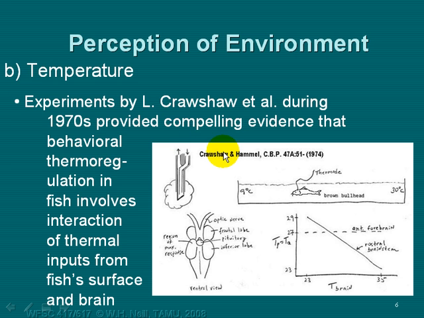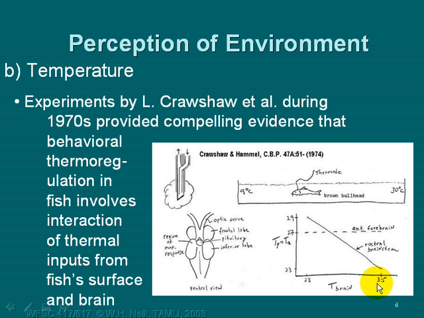And he got some very interesting results. If he put it in the anterior forebrain, the frontal lobe of this little catfish, and had the temperature of the fluid that was flowing at levels from 23 to 35 degrees, he got basically no difference in the distribution of the catfish within the gradient.